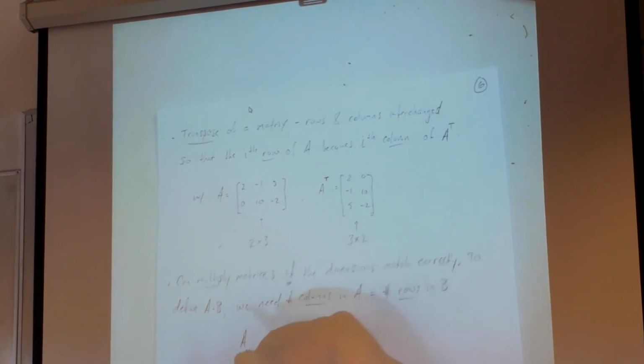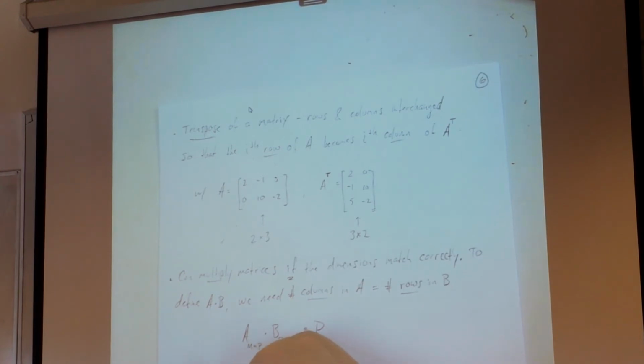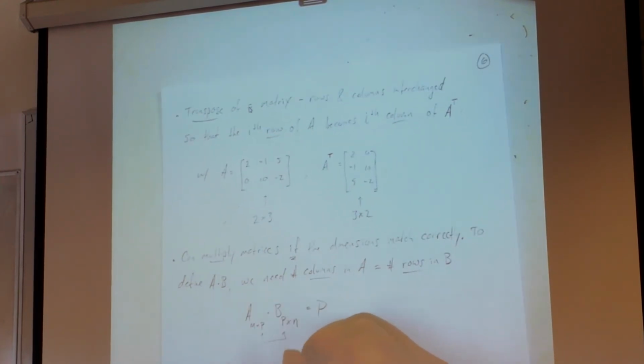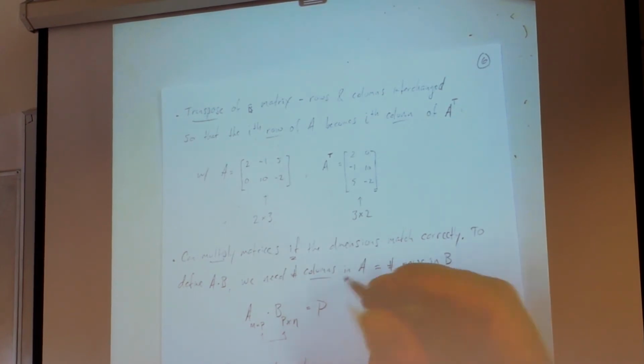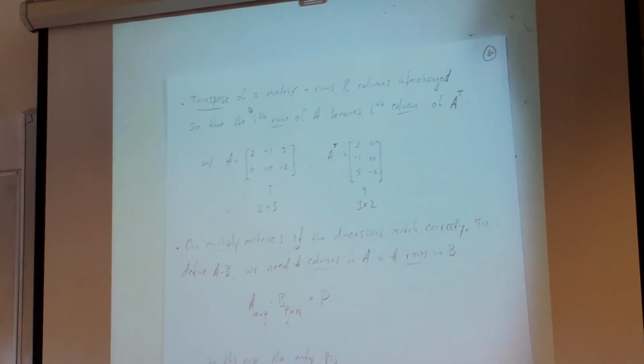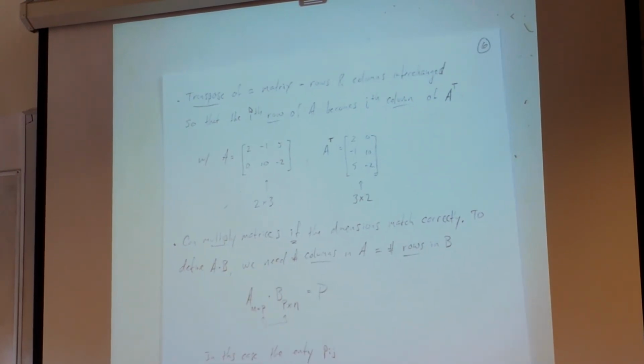All right, and in this case, the entry in that product matrix, P. It's always hard to do this with words. We'll do it with an example to illustrate, and then it becomes easier.